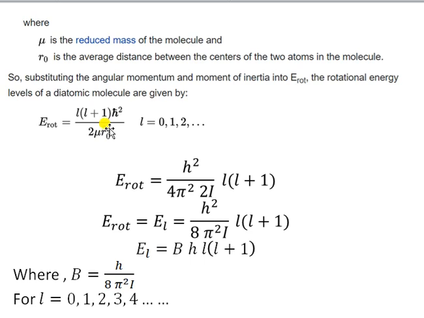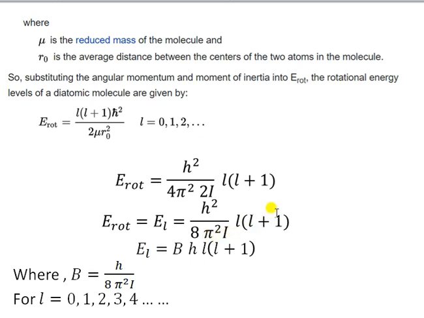L is the azimuthal quantum number, so its value starts from 0, then 1, 2 and so on. If we replace h cut square by h square divided by 4 pi square, and in the denominator we replace mu r not square by I, and L(L plus 1) as it is, we write E rotational is equal to h square over 8 pi square I, L(L plus 1).